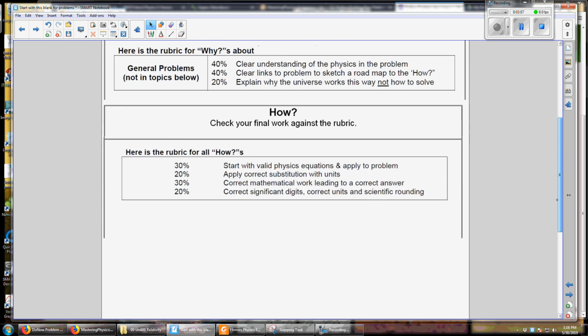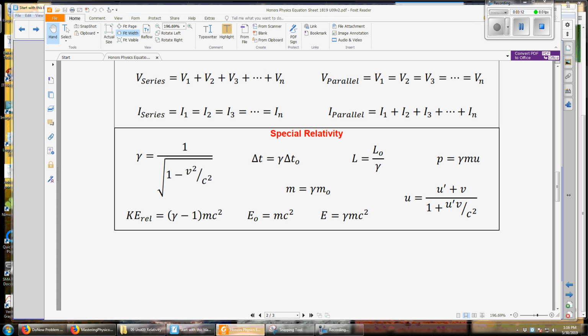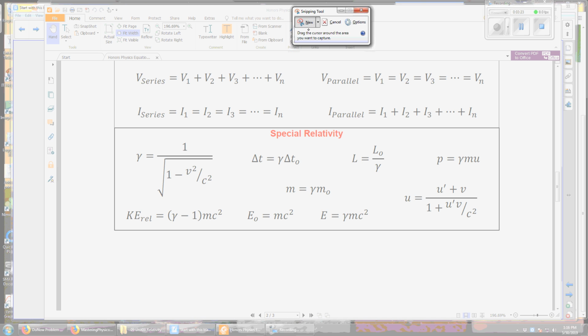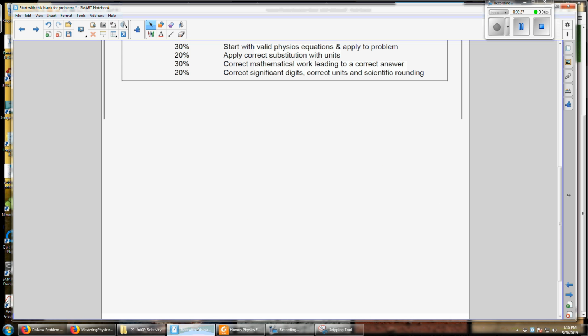So, moving on to the how then. We have our equation sheet, and since we're talking about lengths, it probably behooves us to grab our equation that has lengths in it right there.